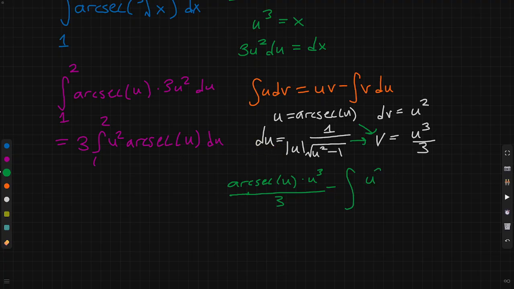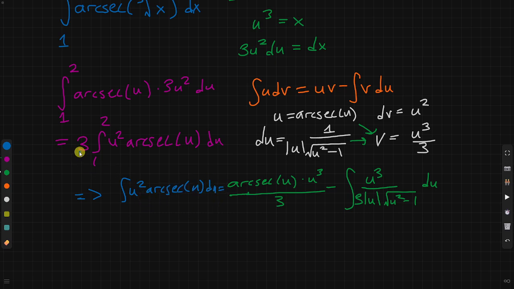So u cubed divided by, and then this denominator times this denominator is going to be 3 times the absolute value of u times the square root of u squared minus 1. All right. Now, all this right here is just equal to the integral of u squared arcsecant of u du.